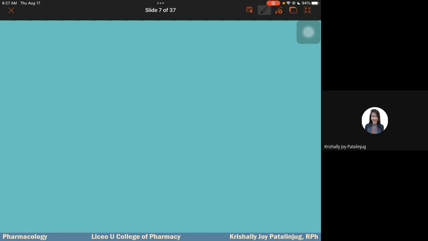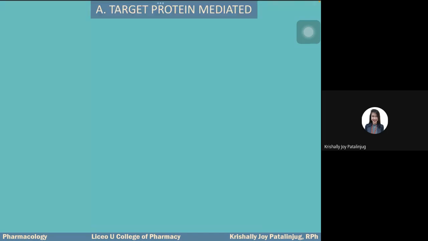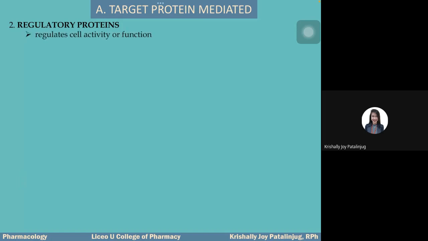So let's move on to the other general type of protein, the regulatory proteins. When we say regulatory proteins, these regulate cell activity or function, meaning they control the synthesis of cell proteins. There are four sub-classifications of regulatory proteins, based on the outline I presented earlier.